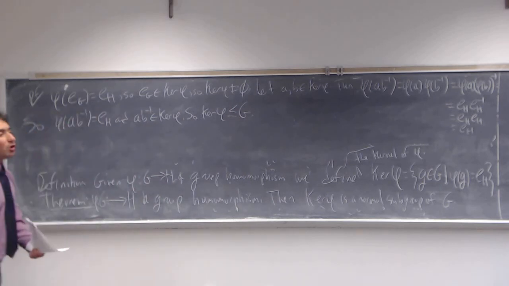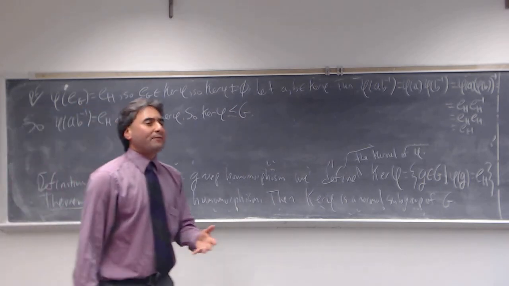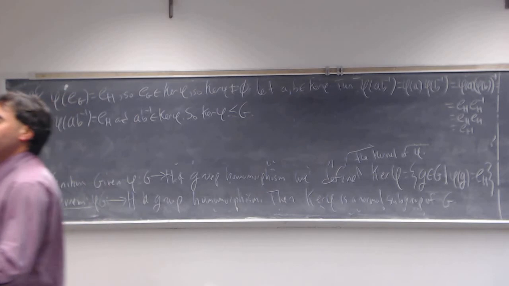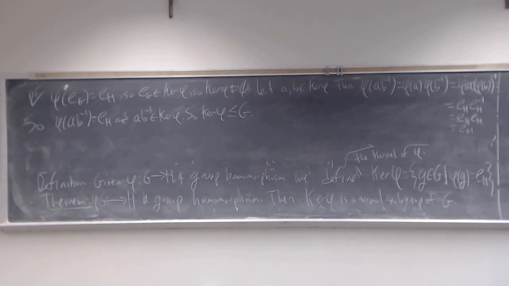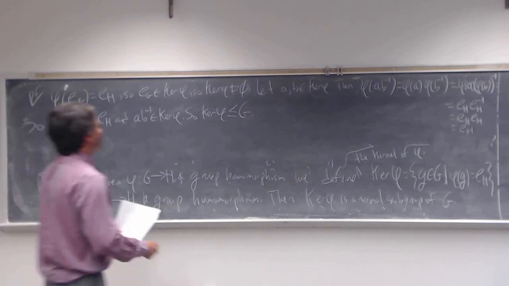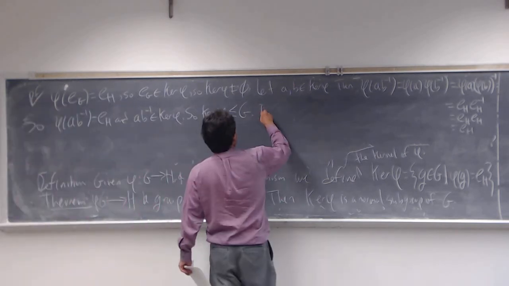Now we have to show it's normal. Remember the definition of normal we initially gave: each left coset determined by an element is the same as the right coset. But we also saw another definition, and that was what?